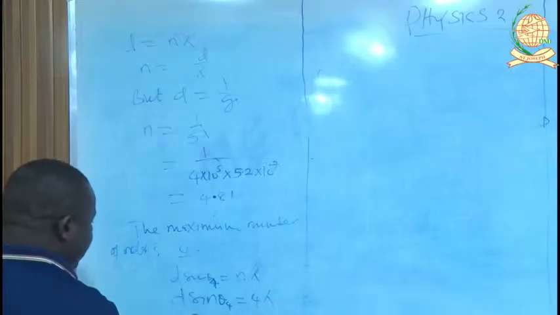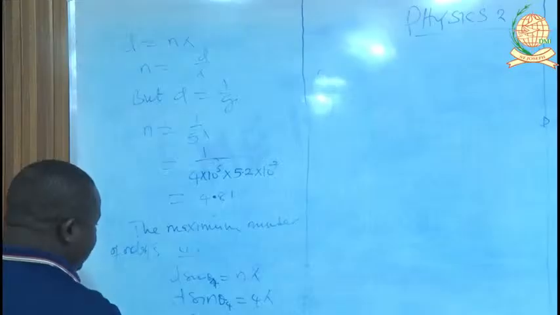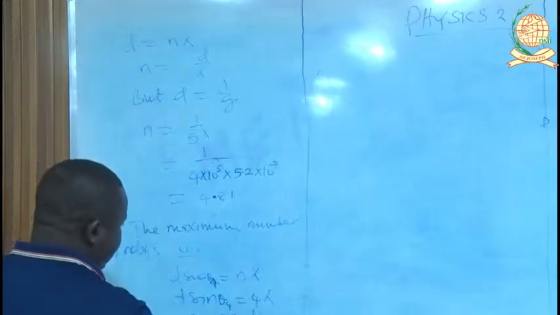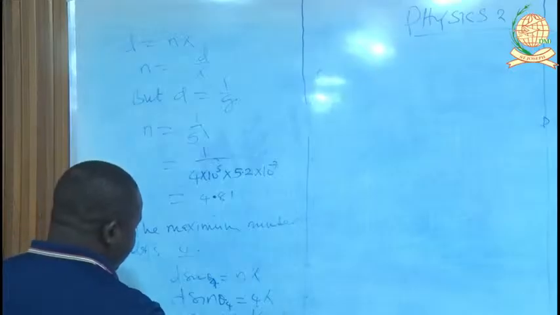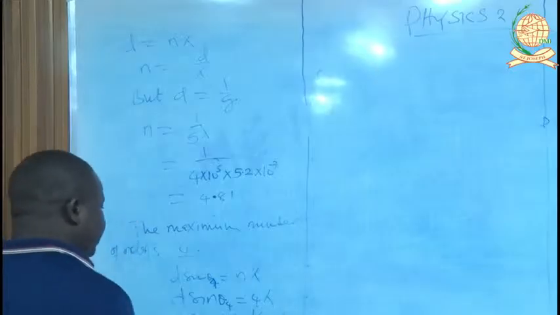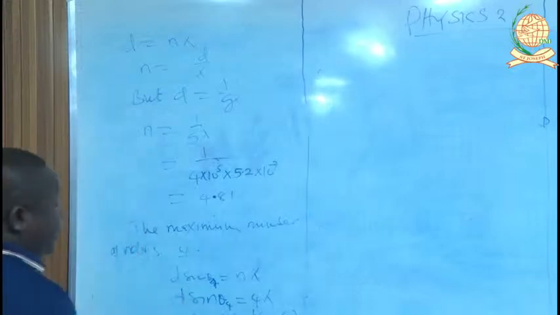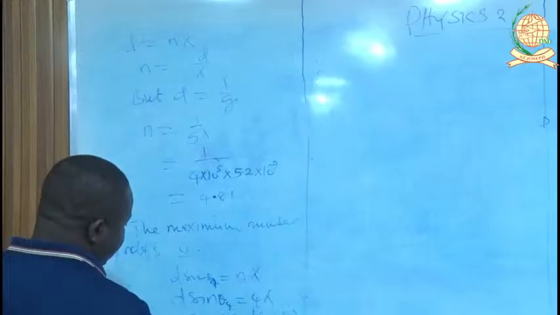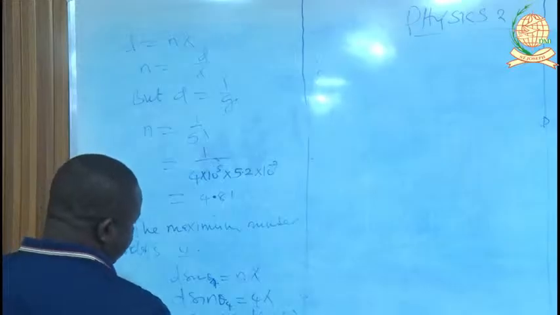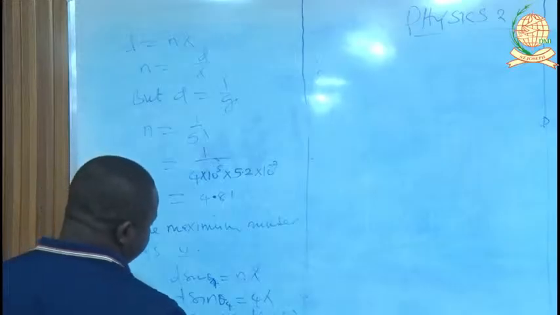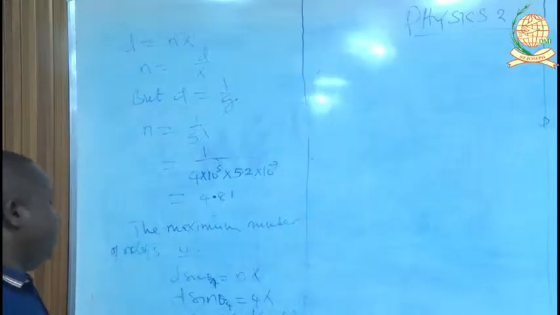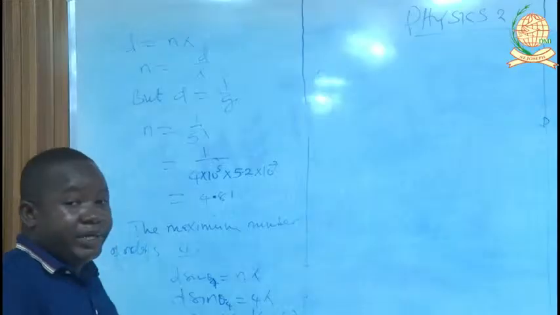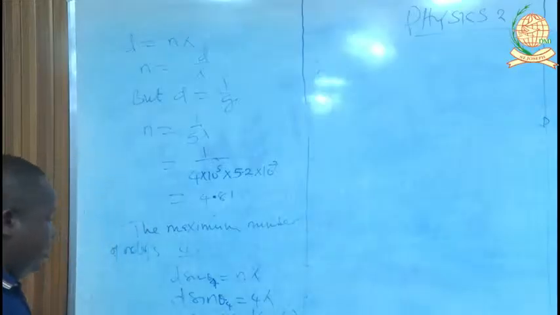Dividing by d, theta 4 is equal to sine inverse of 4 lambda divided by d. As I said, we don't have d, but we have G, so this will be sine inverse of 4 lambda G. But your G should be per meter, so that it can cancel with the meter from the wavelength.